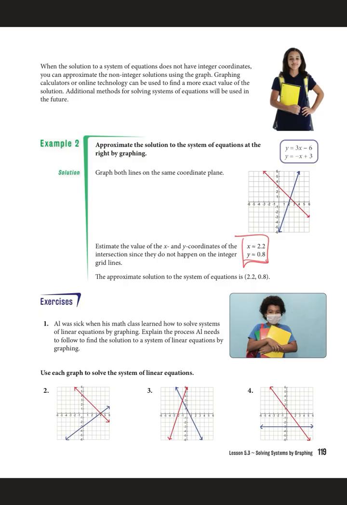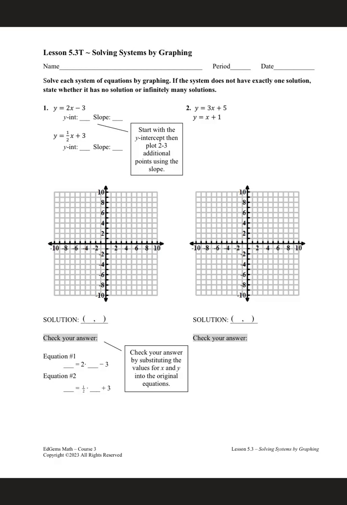All right, let's take a look at your tiered worksheet. So here we are on the tiered worksheet for numbers 1 and 2. Your instructions are, solve each system of equations by graphing. If the system does not have exactly one solution, state whether it has no solution or infinitely many solutions.